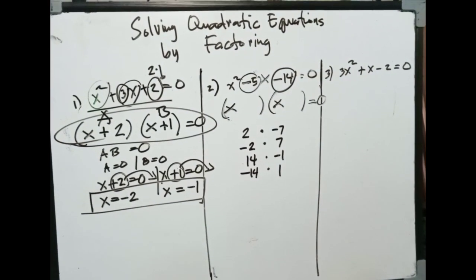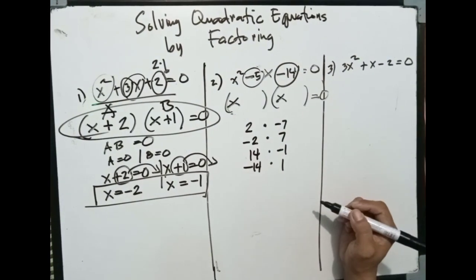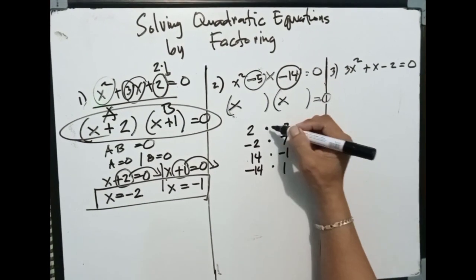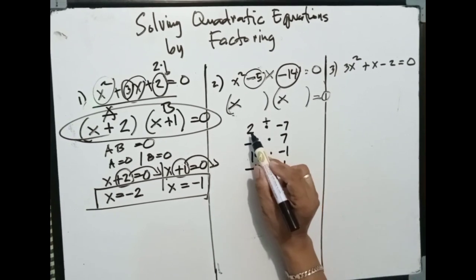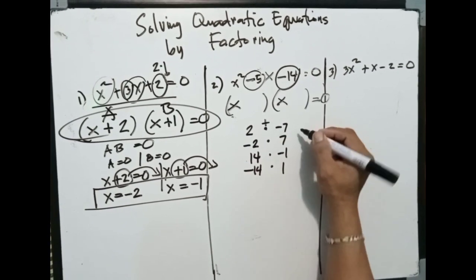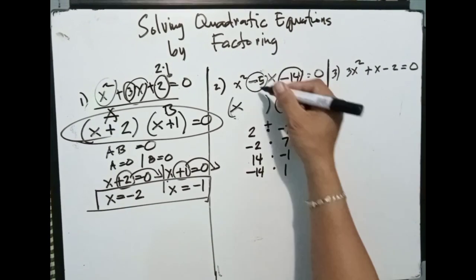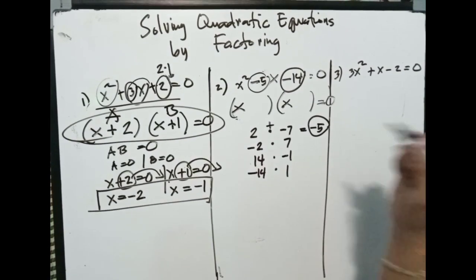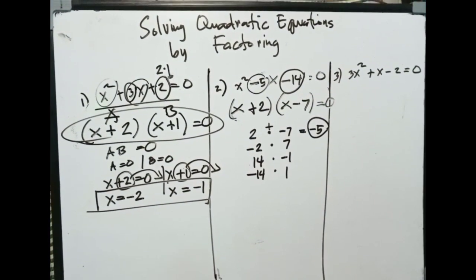Ang hahanapin natin ay kapag pinag-plus sila, ang sum negative 5. Let us add the first set of numbers. 2 plus negative 7, negative 5. Nasa pool agad natin, negative 5. So we will use positive 2 and negative 7.